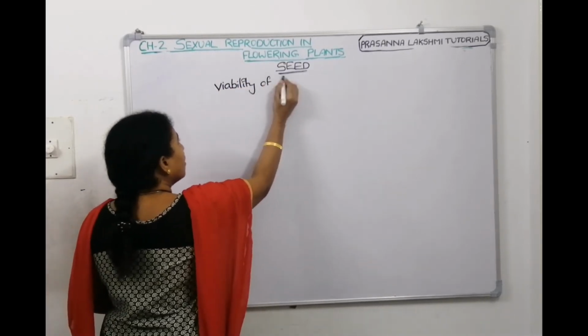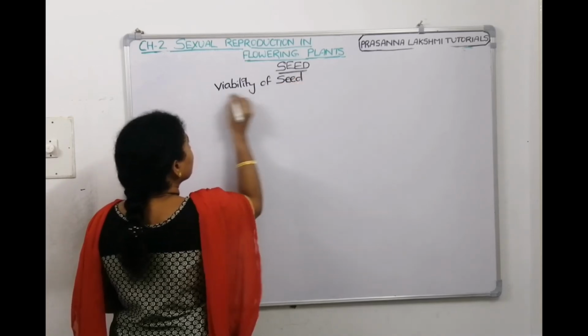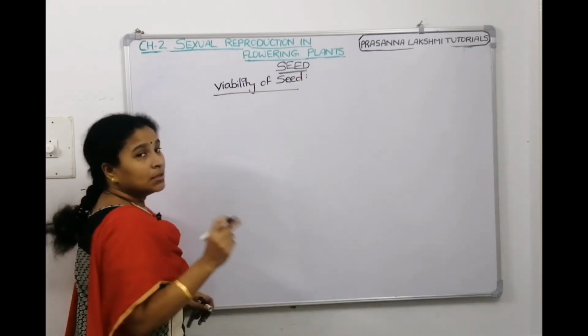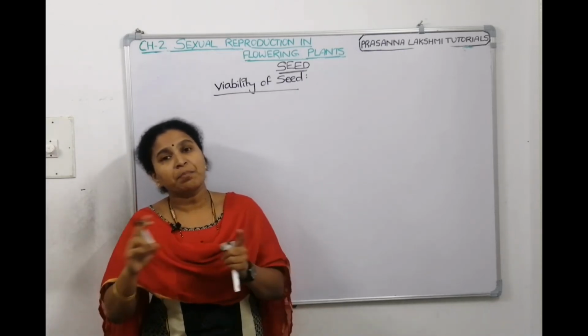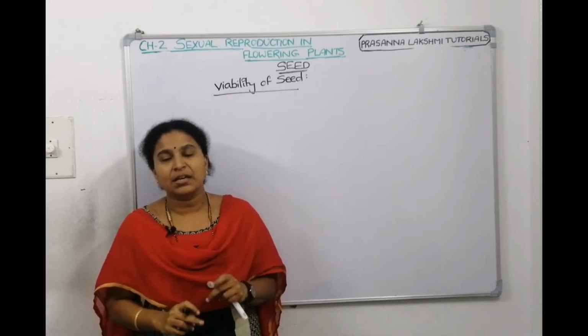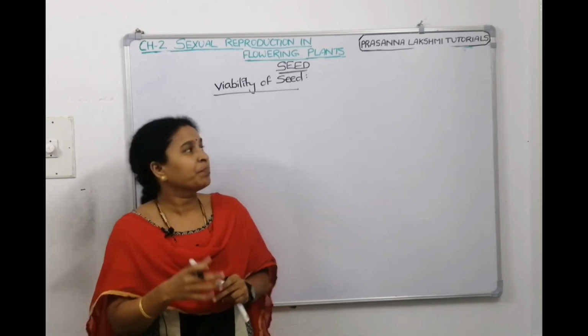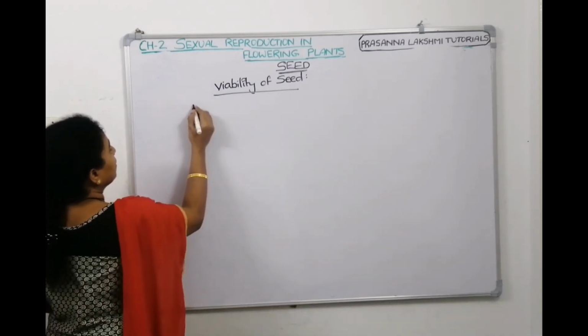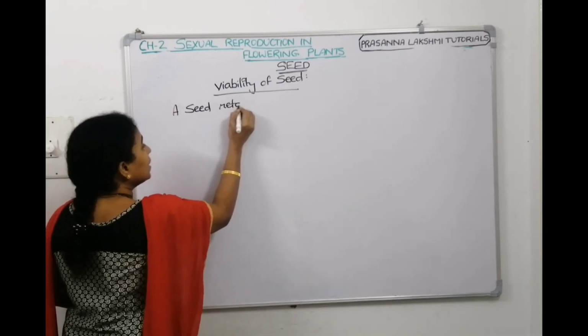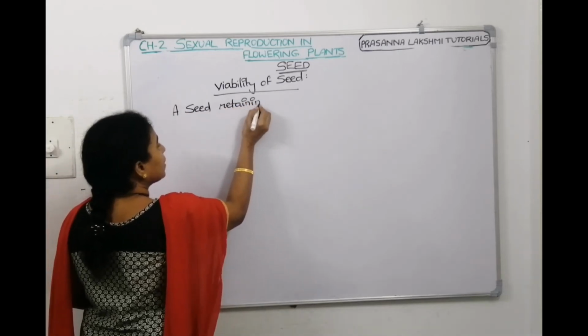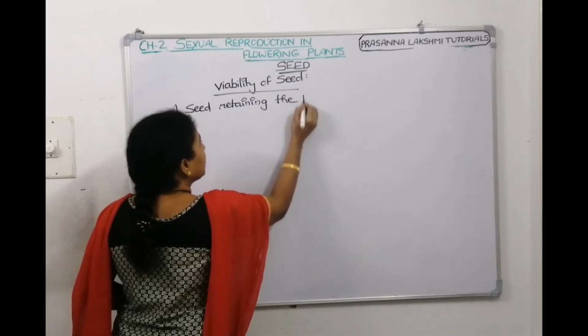Now, what is viability of seed? The seed retaining the power to germinate over a period of time is called viability, means livingness, right? So, what is viability? A seed retaining the power to germinate.